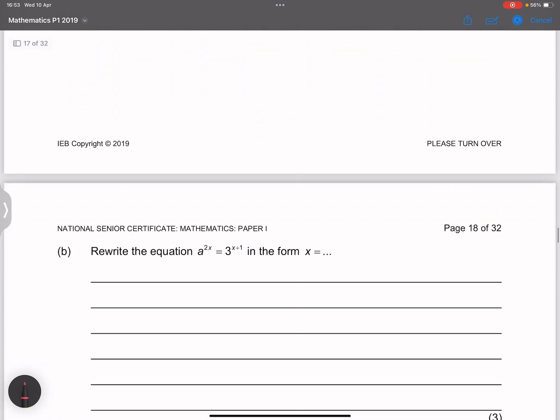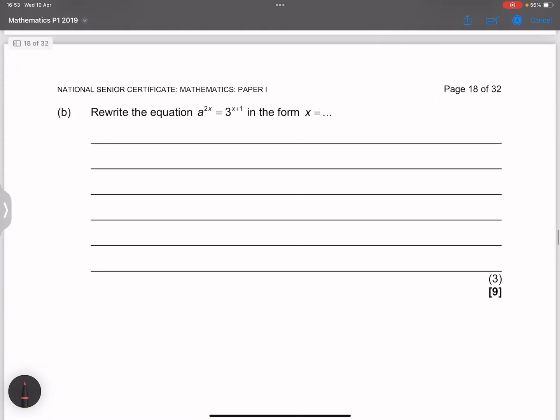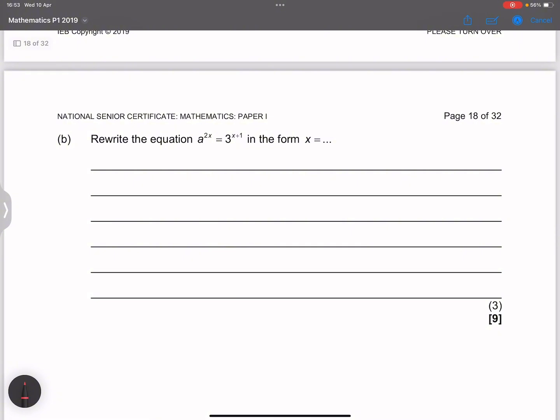Right, and then in the next one, they say to us, rewrite the equation a to the 2x equal to 3x plus 1 in the form x is equal to. All right, now what we're going to do here is, we've got a to the 2x equal to 3x plus 1. Now there's no way that you can drop the exponents and so on.